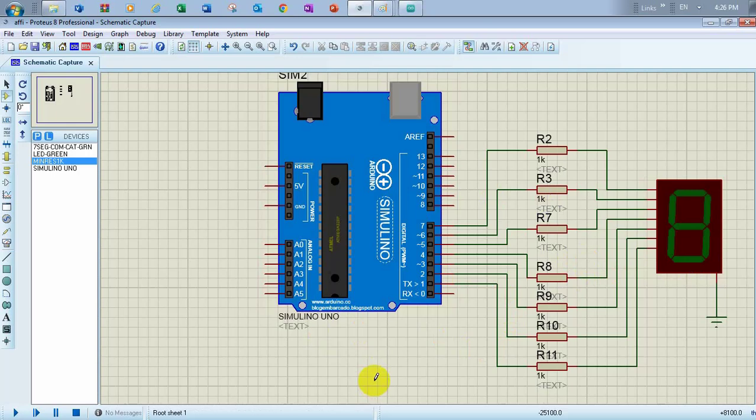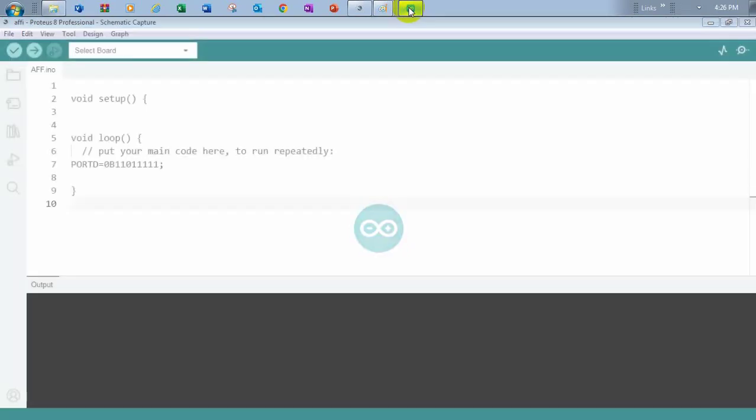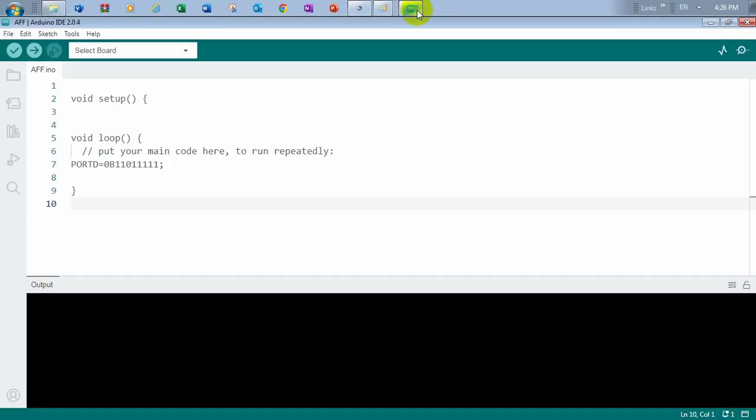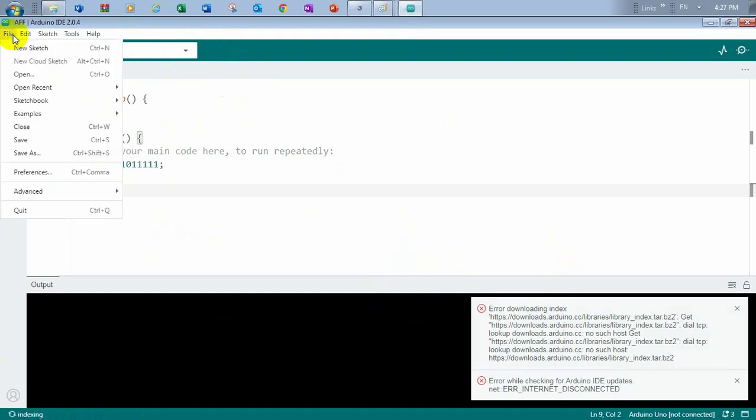We go to the IDE software, and we open a new sketch.